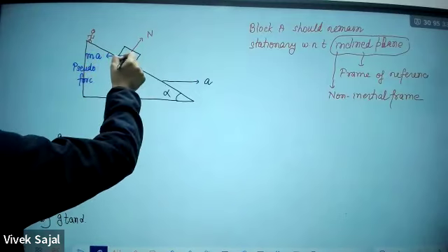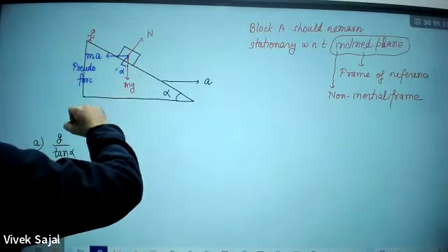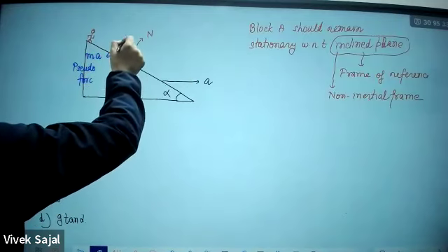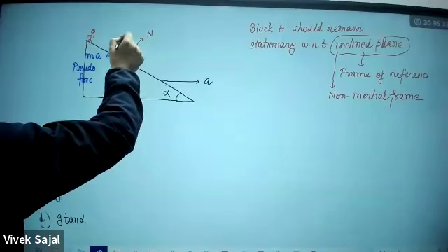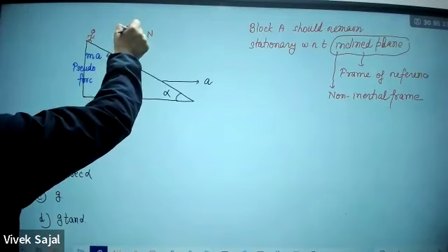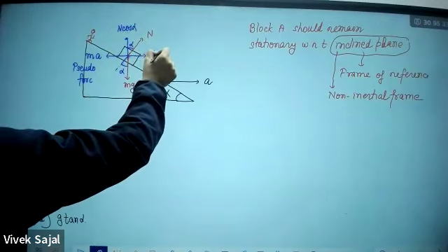This is alpha, so this will be alpha. I resolve the normal reaction in these directions. If this is alpha, automatically this will be alpha. This will be n cos alpha, and this will be n sin alpha.